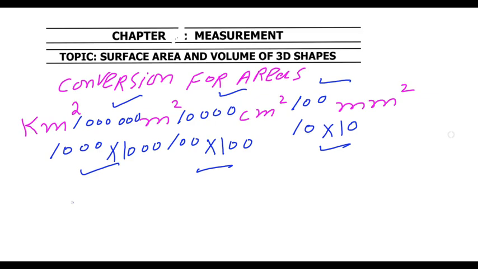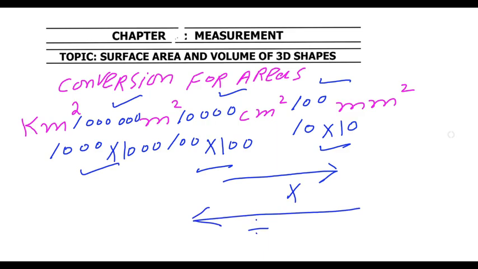Between kilometer and meter is 1,000, between meter and centimeter 100, between centimeter and millimeter is 10. Either way, if you go left to right, you multiply, and from right to left, you divide. Same method.